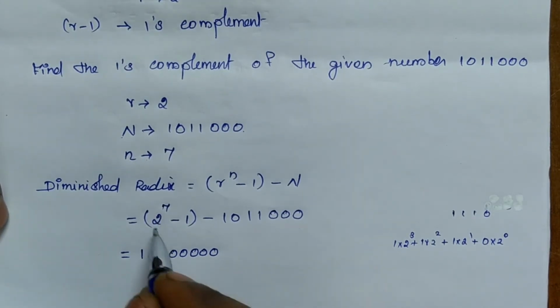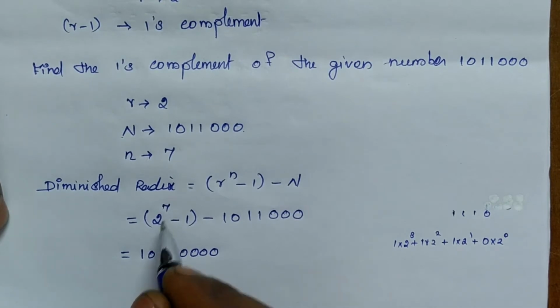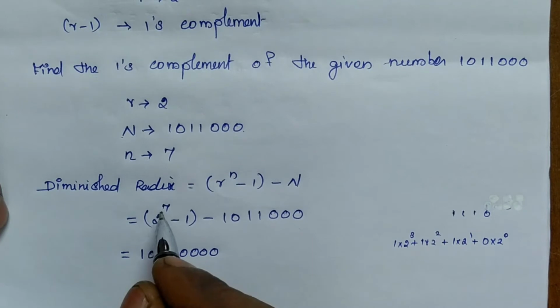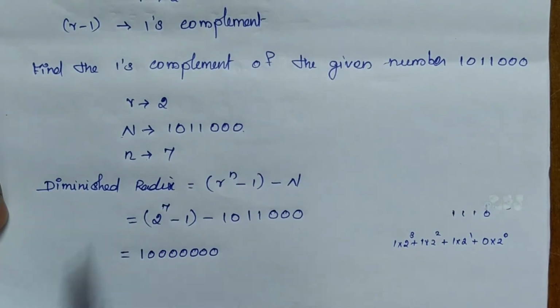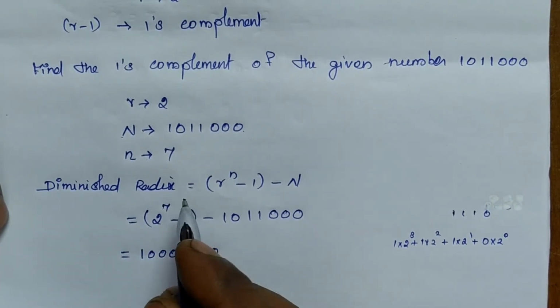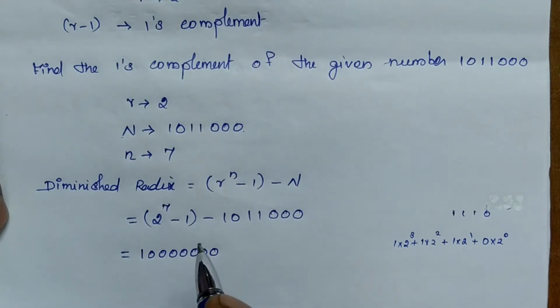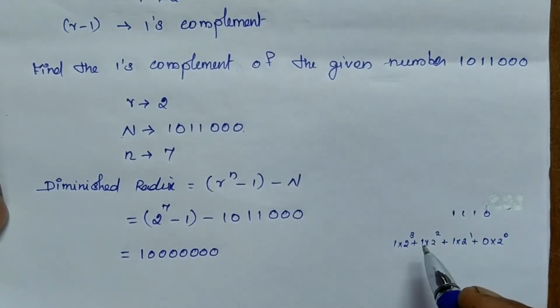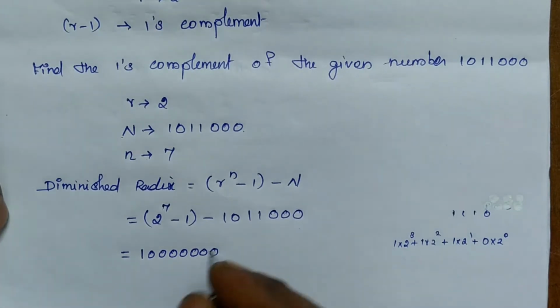So if you consider the values by division method you will get the same answer. Instead you can directly write the value from this one. If 2 power 7 means it represents a binary value of 1 followed by 7 zeros, which we are getting from the weight coefficients.